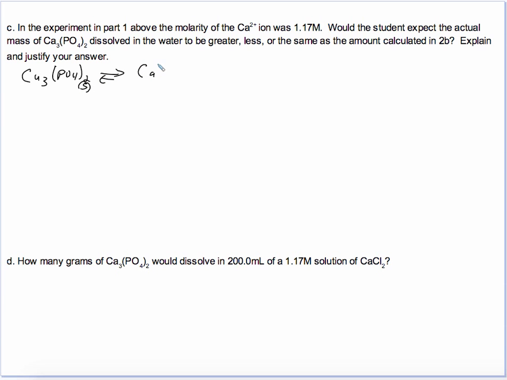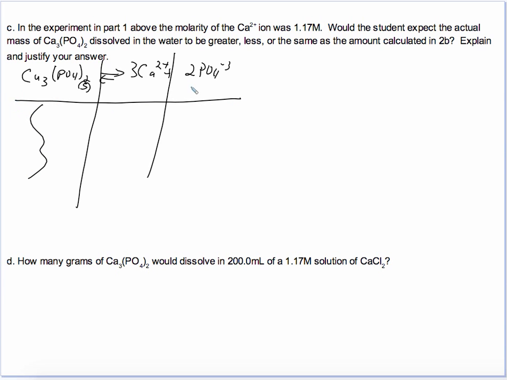So calcium phosphate is a solid. We put that in water, and it's going to break into calcium ions plus phosphate ions. Remember, solids don't count in our equilibrium stuff. So initial, change, equilibrium. The molarity of the calcium originally, because of the calcium chloride, was 1.17.